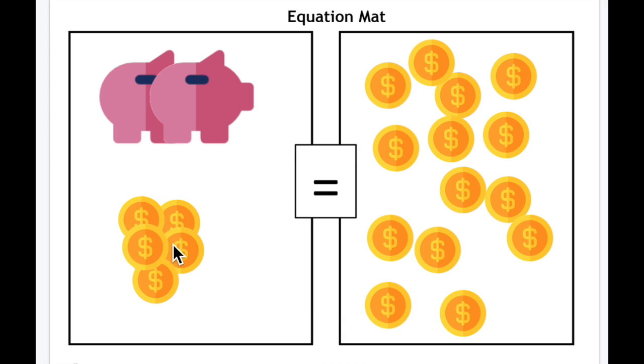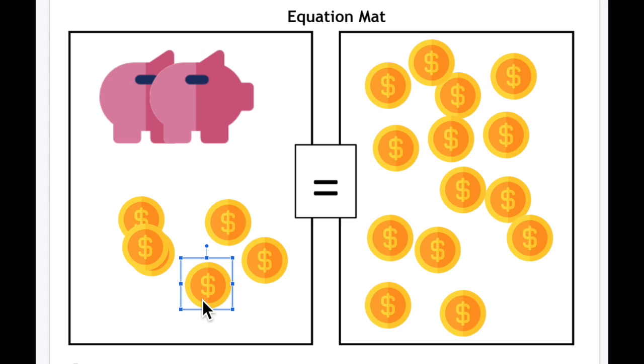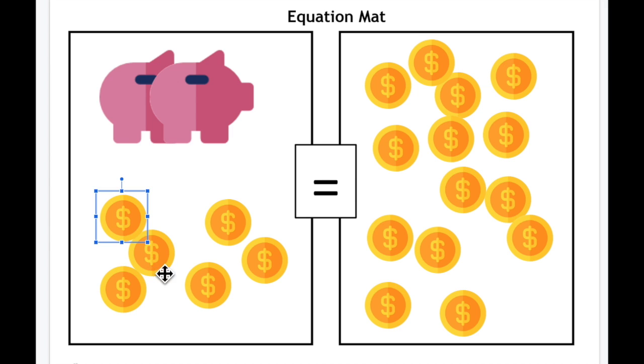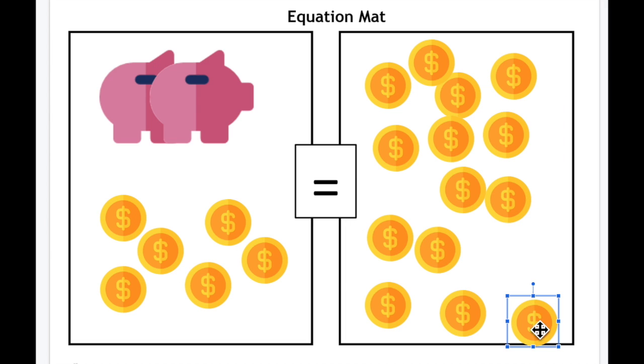And let's see how many coins there are here. Okay, well that makes sense, right? Because each group had 3, and I had 2 groups, and 2 times 3 is 6. Okay, so then over here, I'm going to bring down 6 coins.